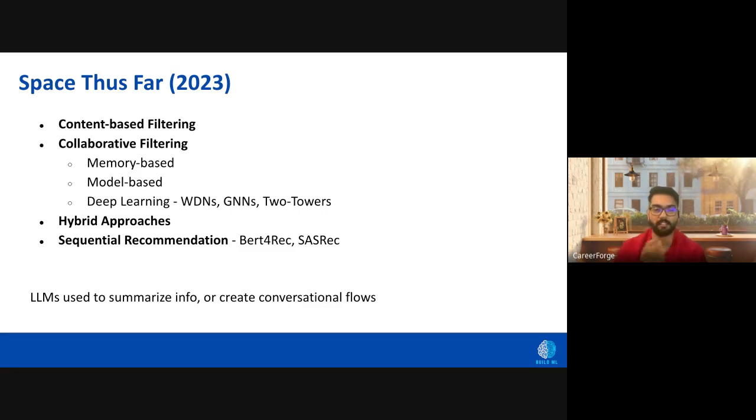So this summarization of info is a common place where you will see LLMs used within the RecSys space. And also they have been used to change how recommendation systems work, in the sense that typically a search is done, and based on that search information you get side panes with recommendations on what you may like, or customers who bought this also like this, stuff like that.